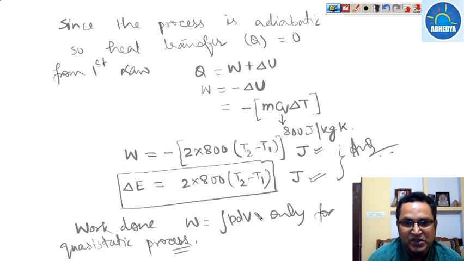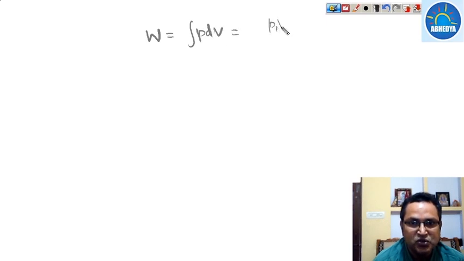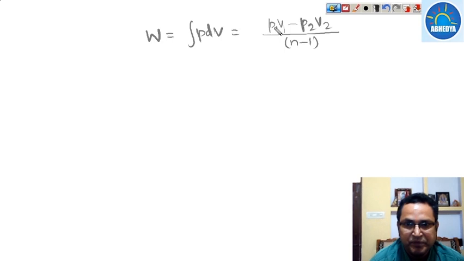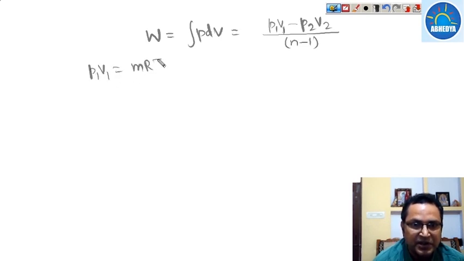Because once you calculate this PdV work, W is equal to integration PdV, and once you put the value, this comes to be P1 V1 minus P2 V2 divided by n minus 1. P1 and V1 is known to us, initial temperature is known to us. So with the help of initial temperature and pressure we can use the formula P1 V1 is equal to mR T1.